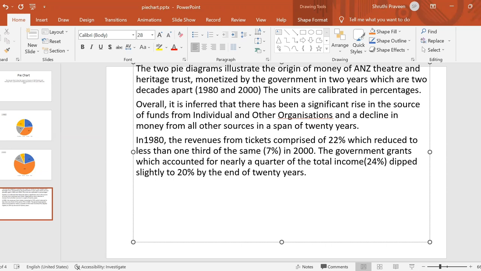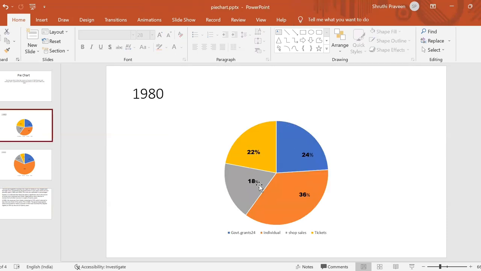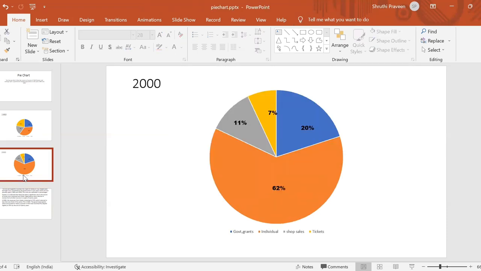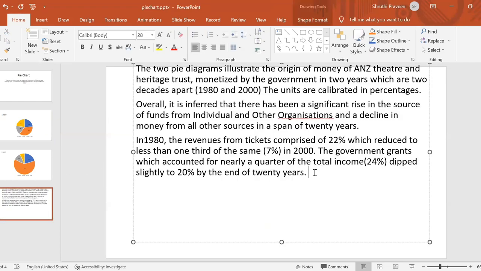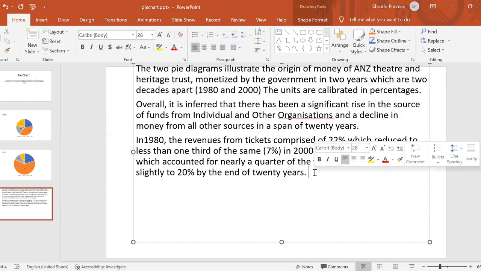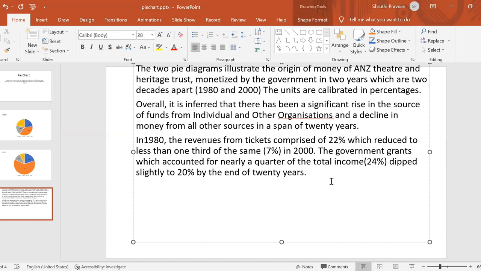Shop sales has also reduced from 18% to 11%. Okay, so I'm going to write that again in this. Okay, that was 4%. Now this is 7%, 18 to 11. Sorry, 7% is reduced. Okay.